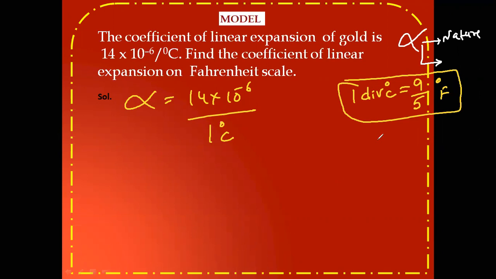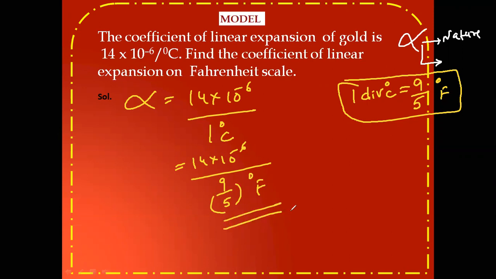Or 100 divisions is equal to 180 divisions of the Fahrenheit scale. So I can take this as 14 into 10 power minus 6 upon 1 division in Celsius, which is equal to 9 by 5 degrees of Fahrenheit. So if you calculate this value, you will get the answer. Simple question.